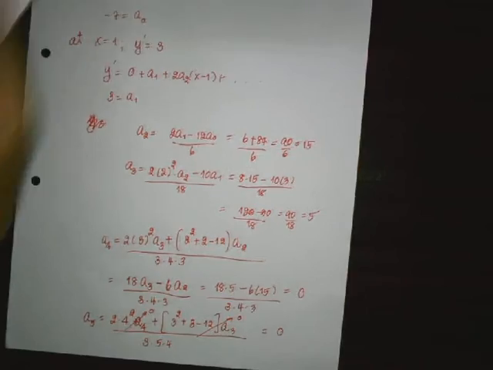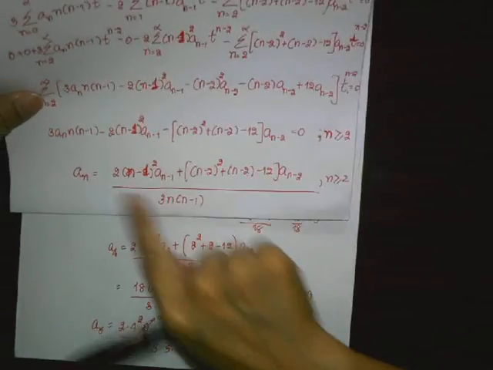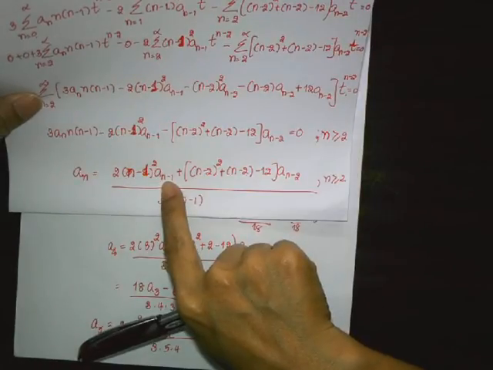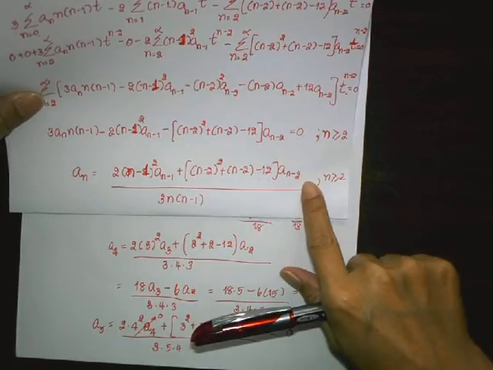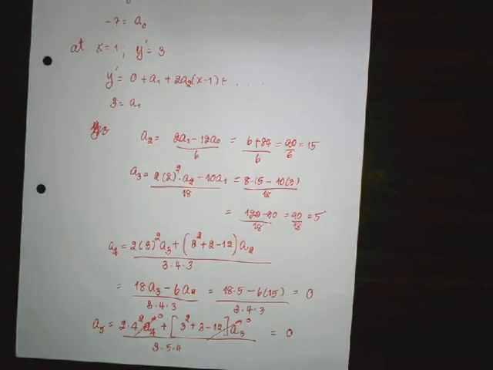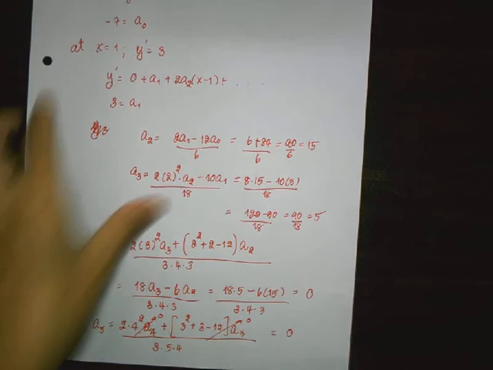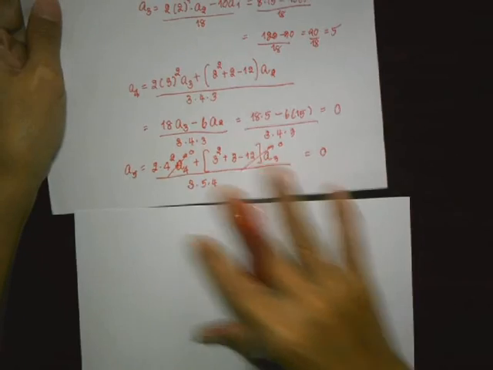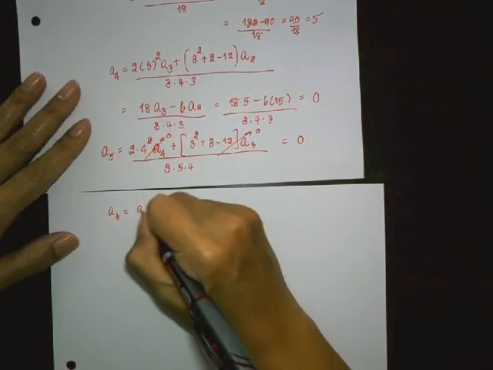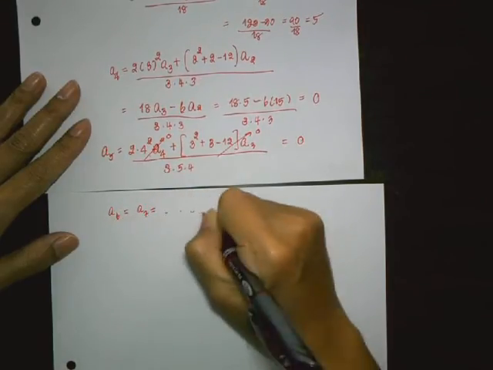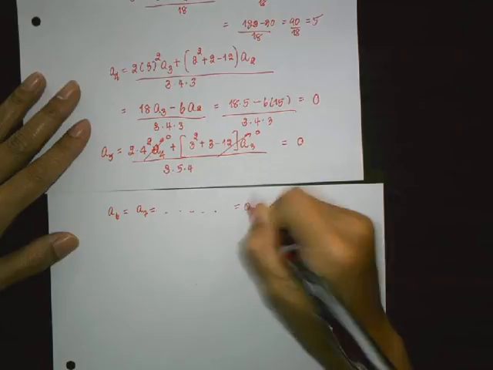If you find a6, it is going to be in the term of a5 and a4, right? So a6 is equal to 0, and a7, a8, a9, a10 and so on are equal to 0, right?